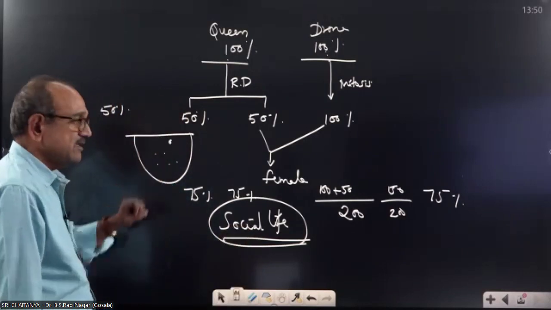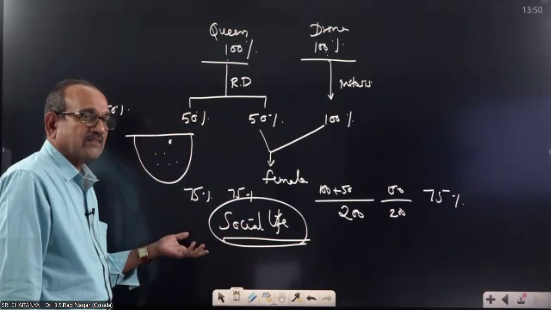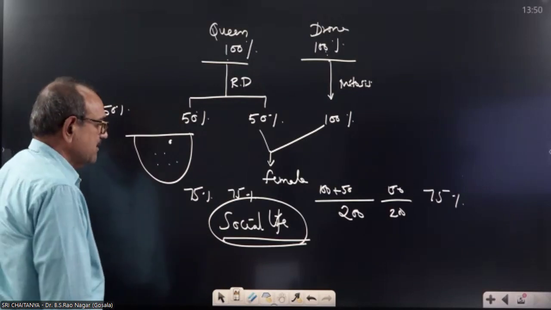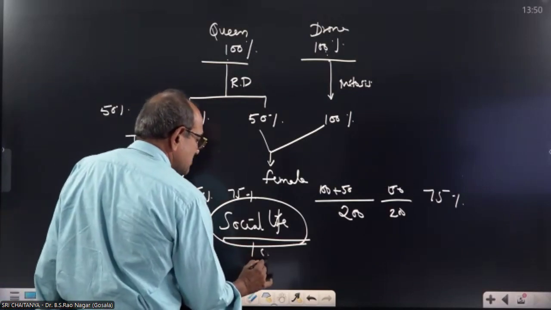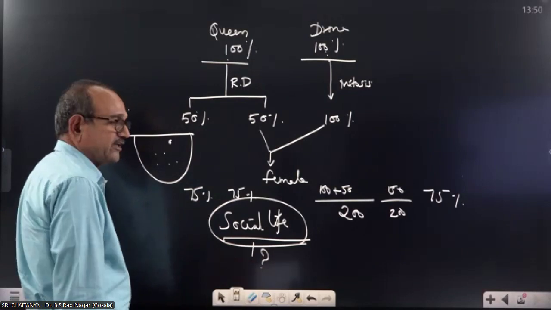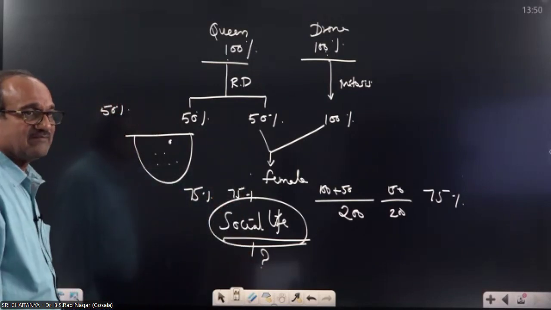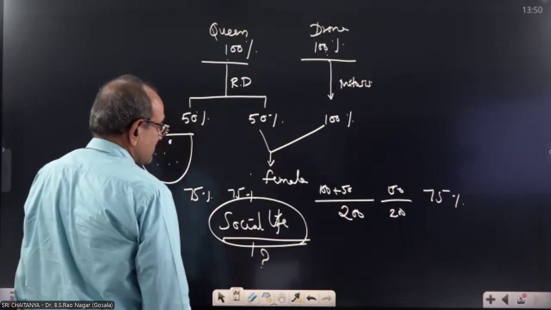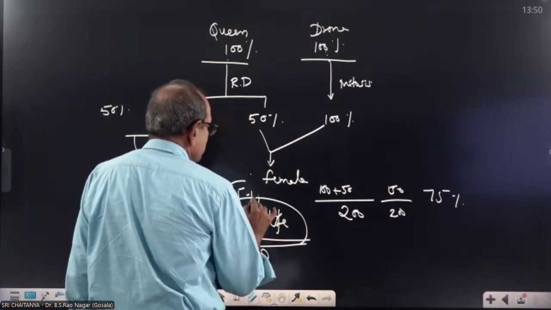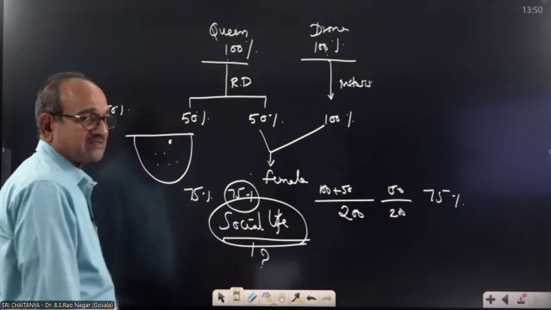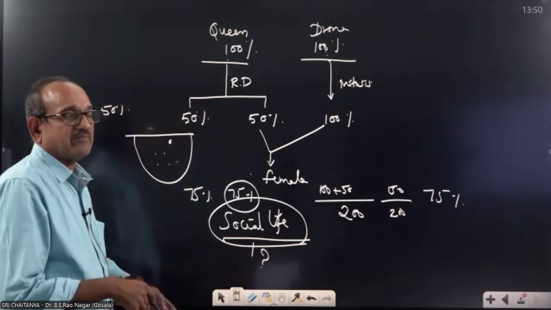They nurse the larvae, they feed them, they protect them, everything. Point is, why should these workers nourish somebody's larvae? What is the purpose? What is the need? The secret is, as they are sharing 75% of genes among themselves, they feel that this is our family.